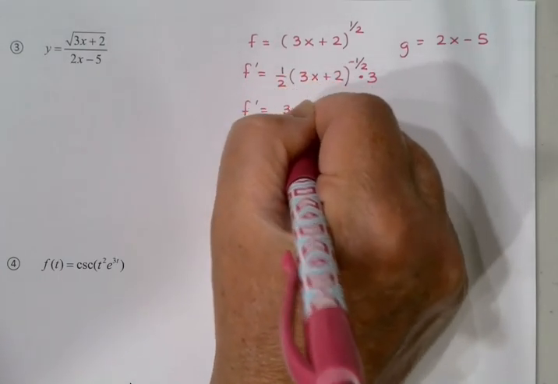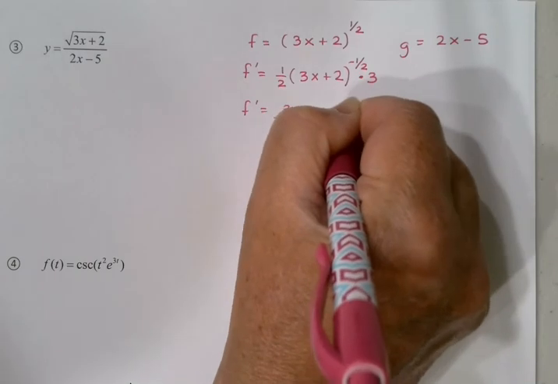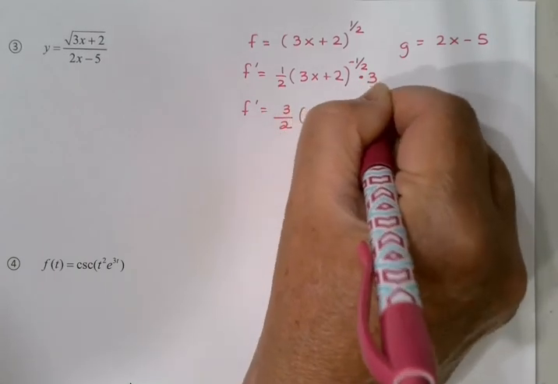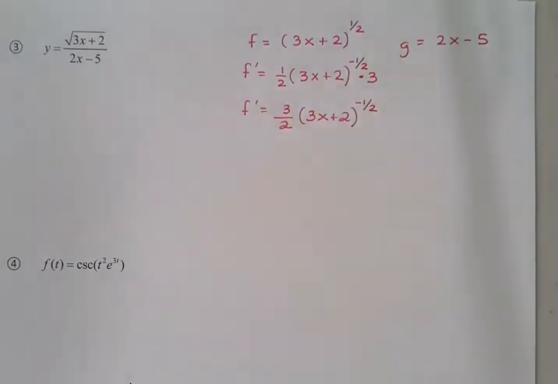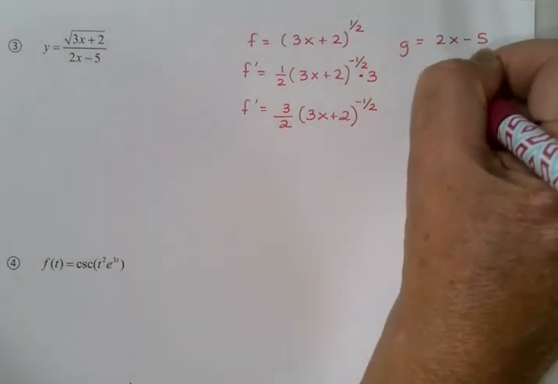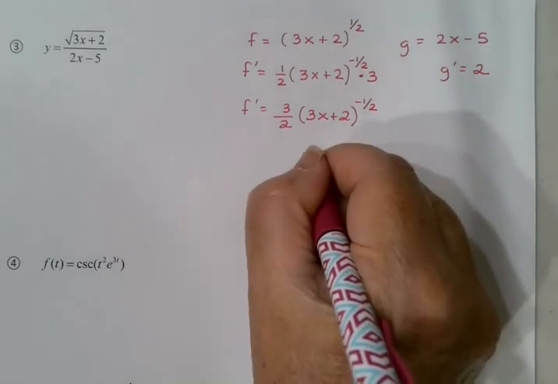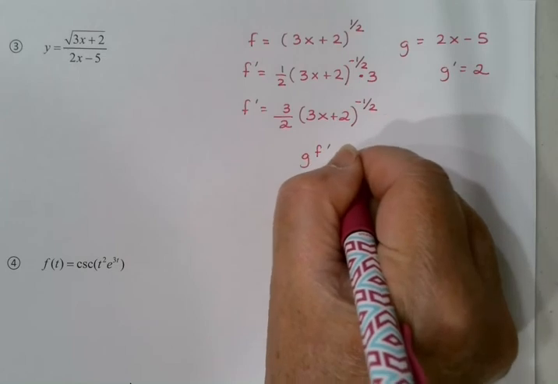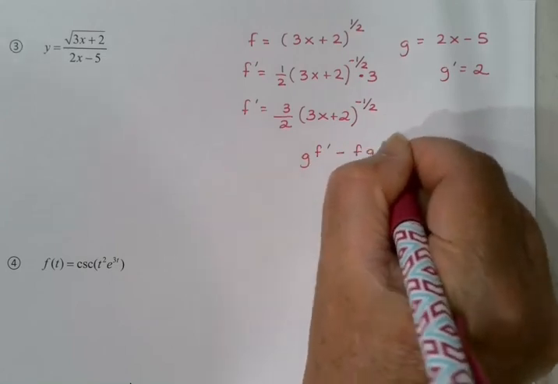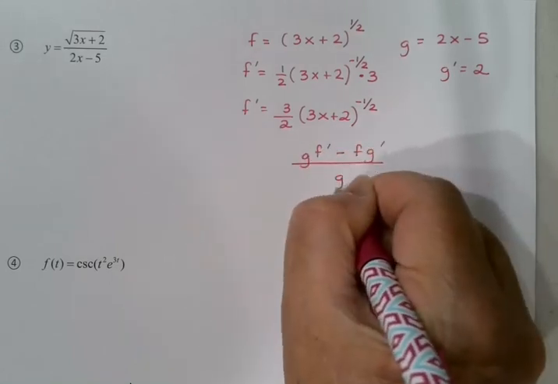So I have 3/2 times 3x plus 2 to the negative 1/2. Thank goodness G prime is simple, right? G prime is just 2. All right, so quotient rule, we're going to have GF prime minus FG prime over G squared.